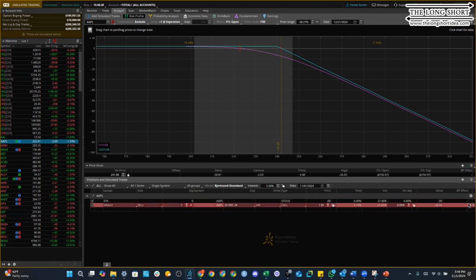We don't let these things hurt us too much. We have management techniques. When the trade goes bad on us, we know how to roll it. We know how to adjust the strikes a little bit, and we know how to trade small but keep trading often, with different markets.